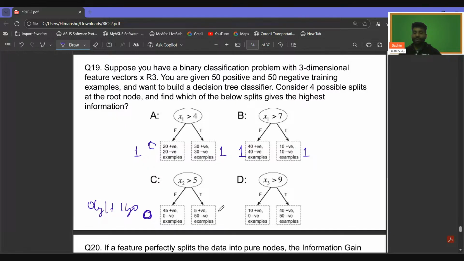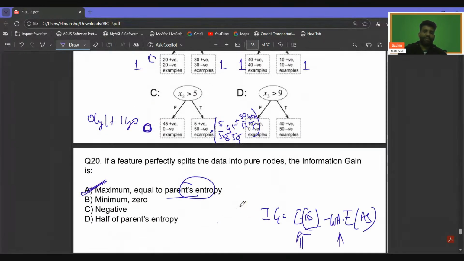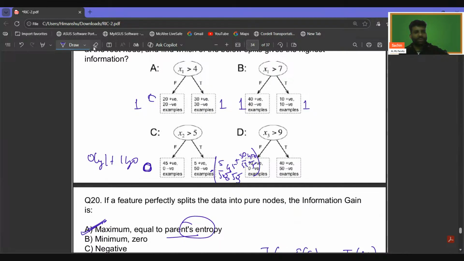What would be the entropy over here? 5 by 55 log 5 by 55 plus, 55, my bad, 50 by 55 log 50 by 55, with a minus sign over here. What about this one? Do we have a space? I need to just remove this.